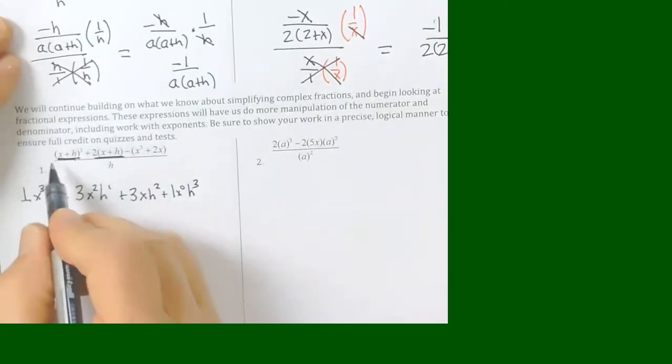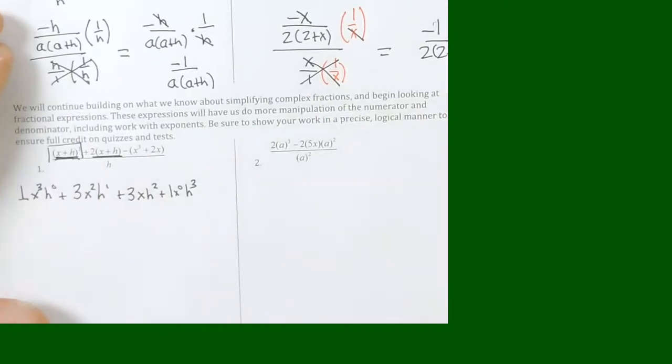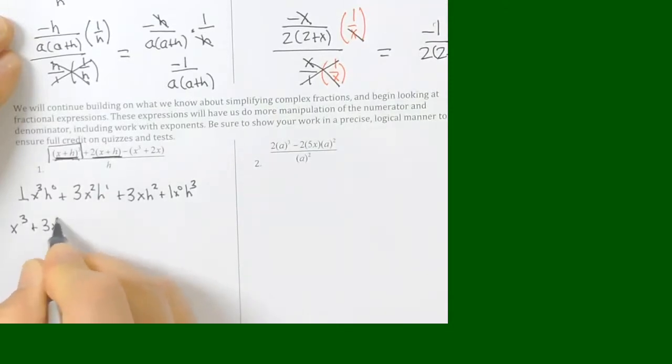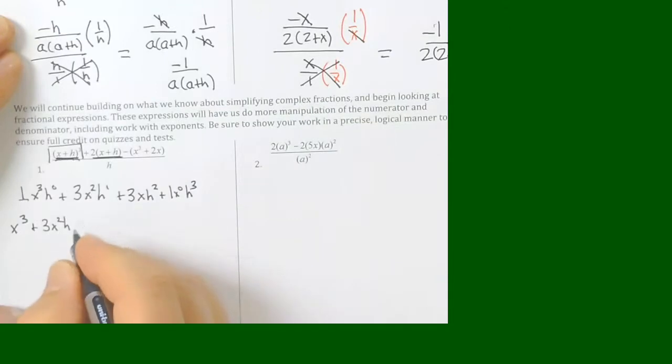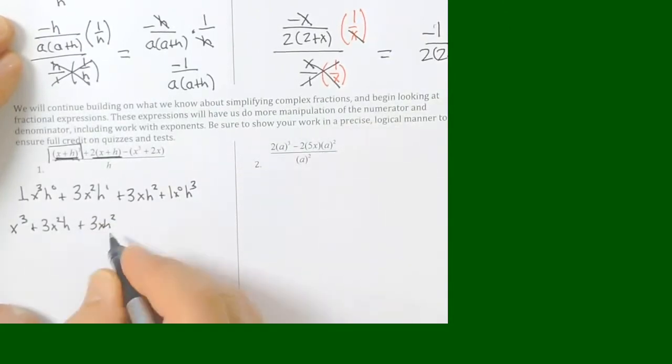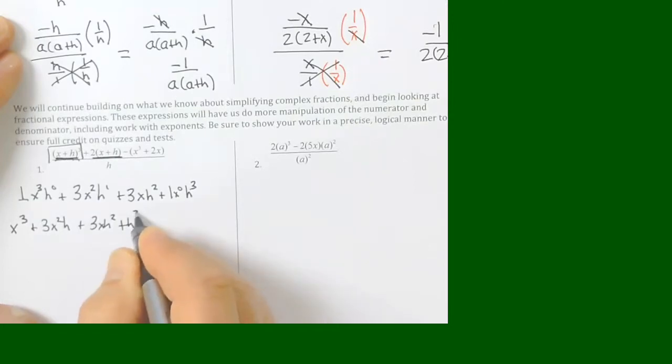That's simply that expanded. So that gives me x cubed plus 3x squared h plus 3x h squared plus h cubed.